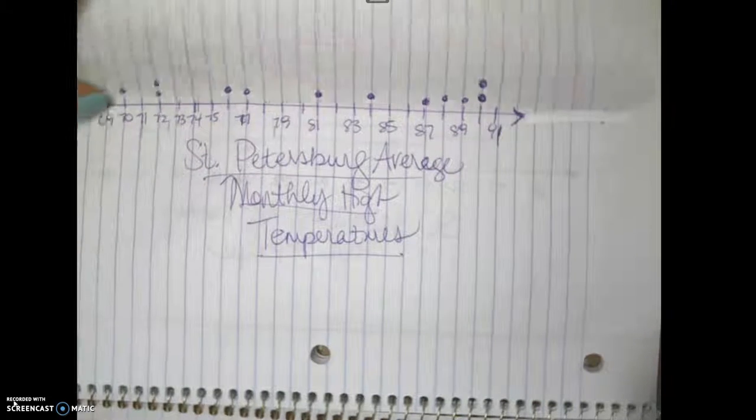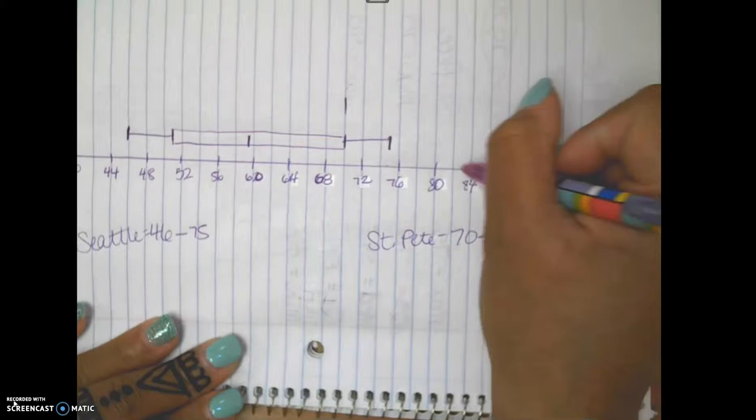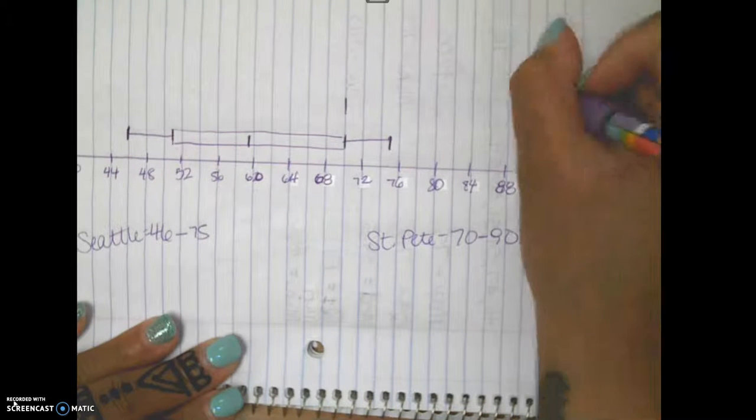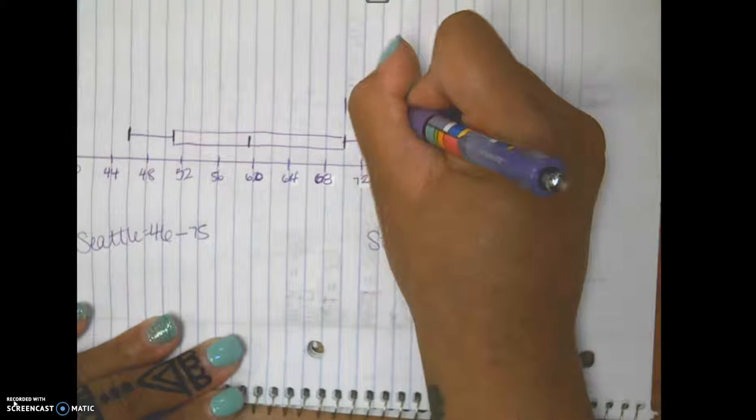My upper and lower quartiles were 88.5 and 74. So 88.5 right here and 74 right here.